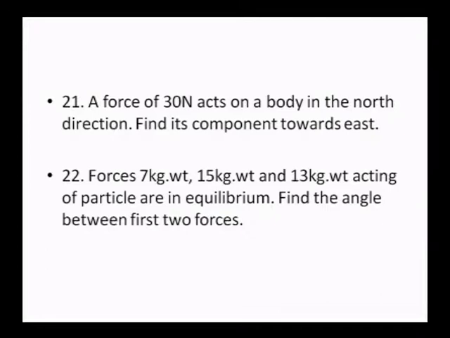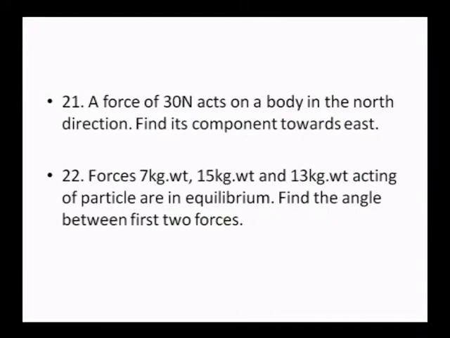This problem also belongs to horizontal and vertical components. You see, a force of 30 Newton acts on a body in the north direction. Find its component towards east. So, you know the different directions.